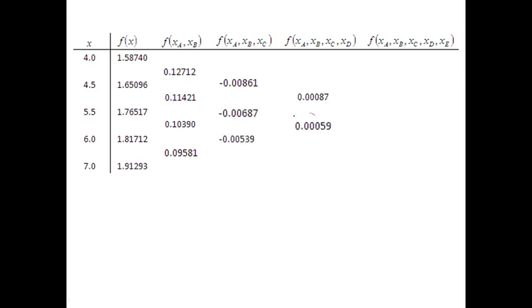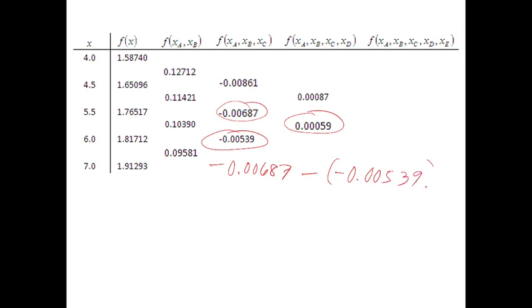So about this, that is negative 0.00687 minus negative 0.00539 over, so over what, 4.5 minus 7.